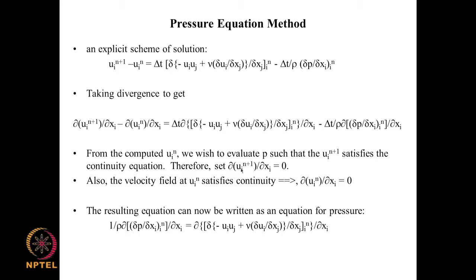And what is the continuity equation? Dou by dou x_i of u_i^(n+1). So we want a velocity field such that it satisfies the continuity equation.